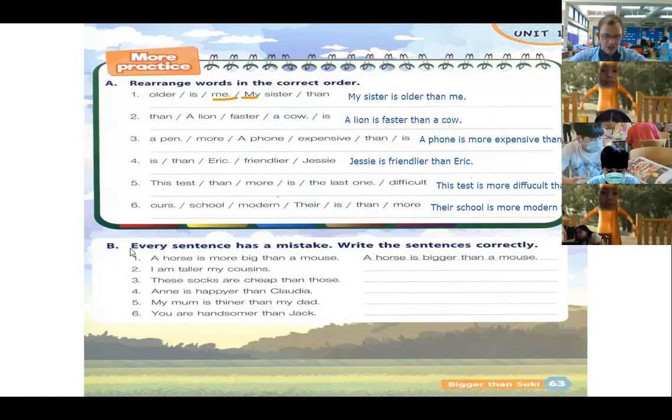Now we have 6 at the bottom as well. I will help you with number 2, and then I want you guys to do 3, 4, 5, and 6 for homework.